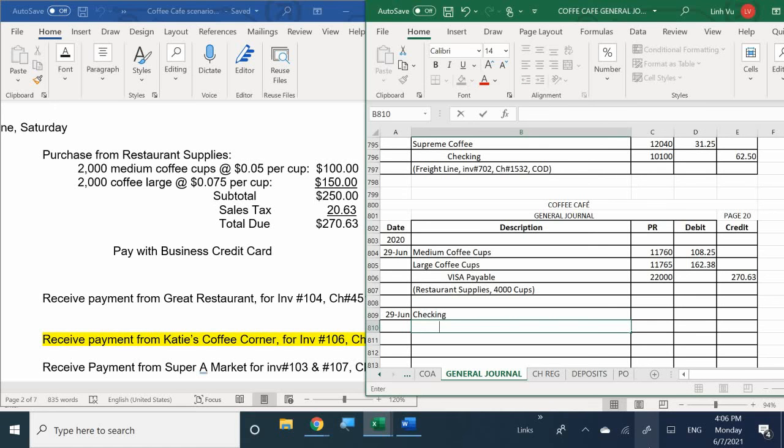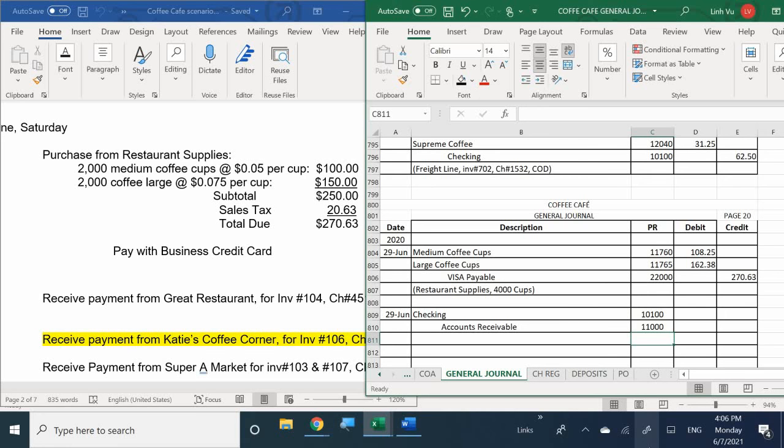So this is where I had issues. I'm glad you said okay because I'm good so far. Are you going to need the PR? I should be able to get 10, 100, and 11,000. Yes. Kathy's Cafe Corner invoice 106.